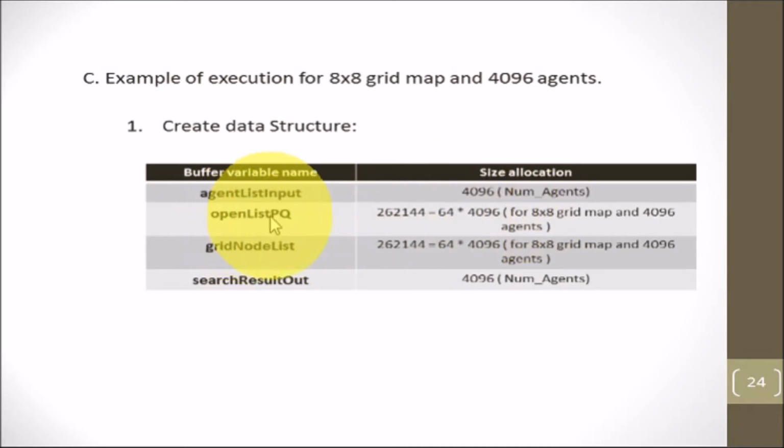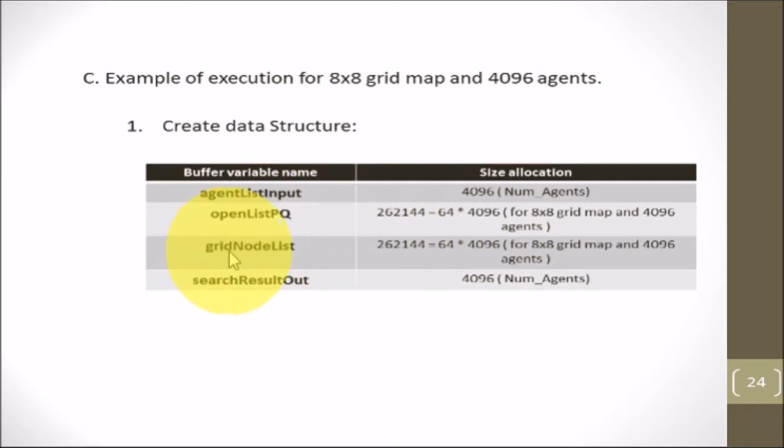Now for the open list priority queue, we will have 64 elements, which is the map size, multiplied by the number of agents. Now this factor we already discussed on how to allocate the overall size for the open list queue.